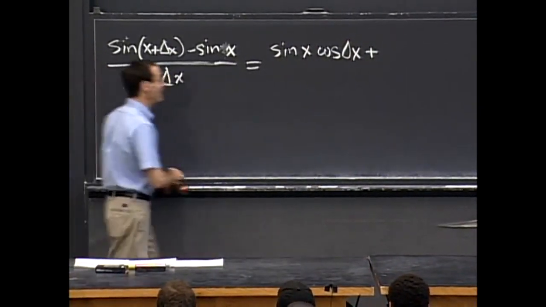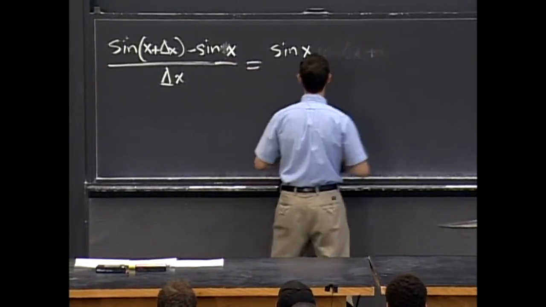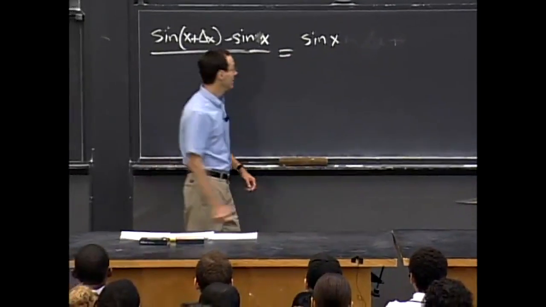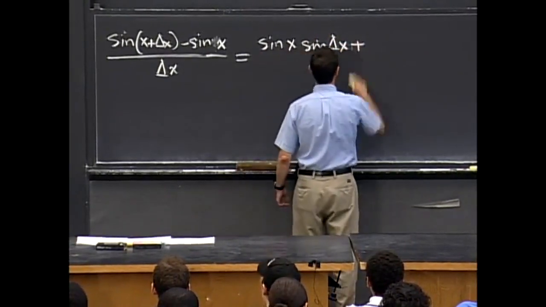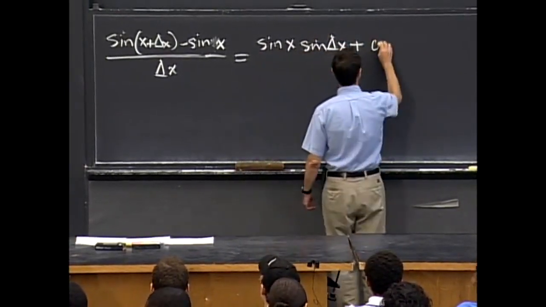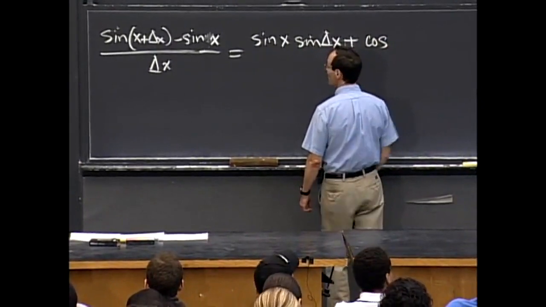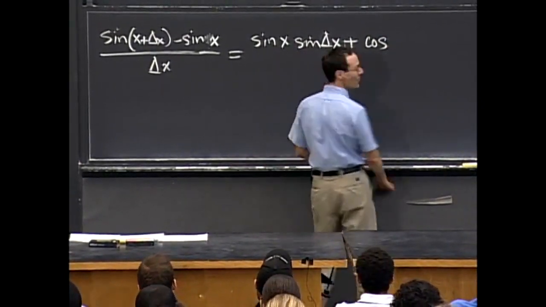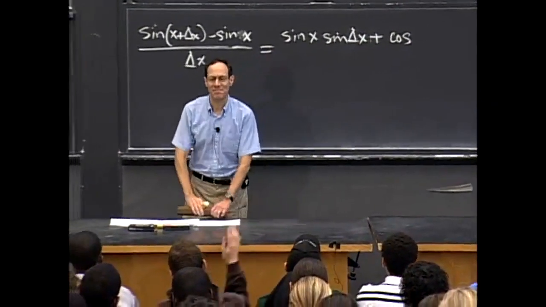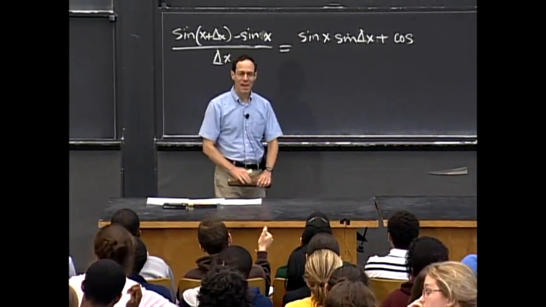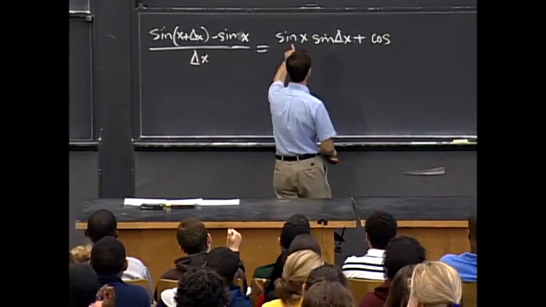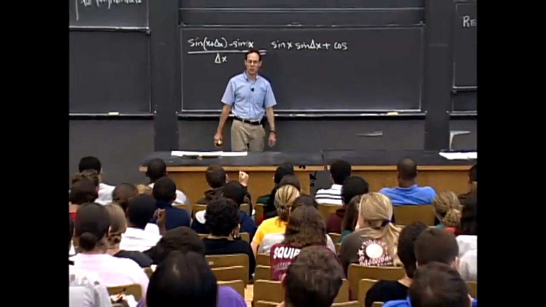Oh, that's not what it is, huh? Okay, so what is it? Sine x sine delta x. Okay, good, you remember. Plus cosine. No? Oh, okay, so which is it? Let's take a vote. Is it sine sine or is it sine cosine?